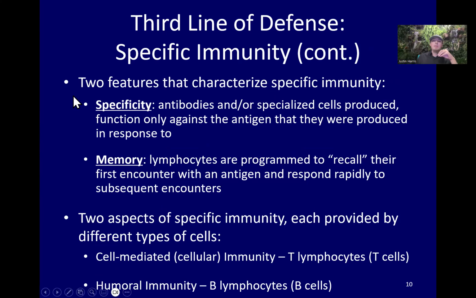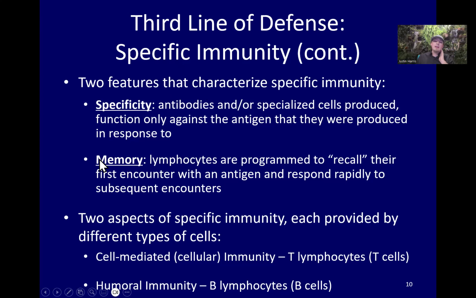And so the things that differentiate this adaptive immune system are the specificity of being able to identify and drill down and respond to this one particular pathogen that's a problem right now. And then we can also remember that pathogen for later, and that's called memory.